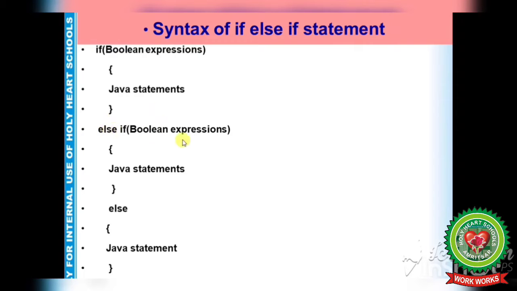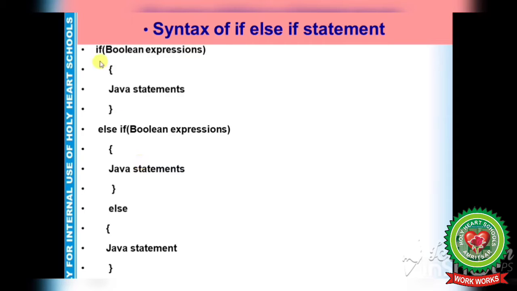Then else if, Boolean expression, again Java statement, and the last is else, or you can say the default statement that will be executed if none of the cases match the condition. Then Java statement. Children, we can write else if as many times as we have conditions, like 2 conditions, 3 conditions, 4 conditions. For that many times we will write else if.